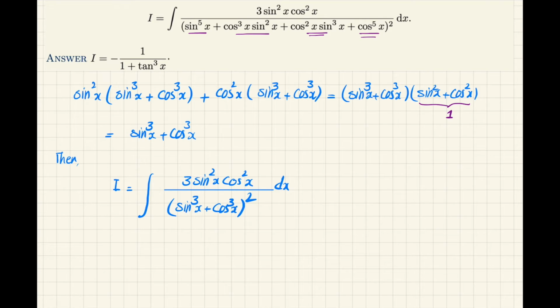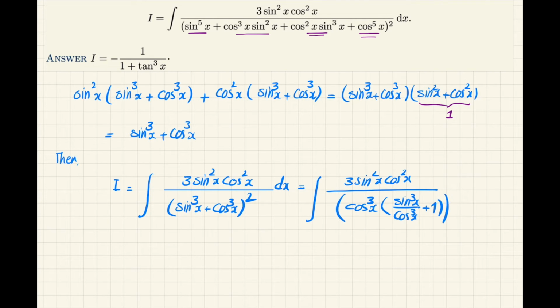So the next thing that I will do, I will keep the numerator as it is, but in the denominator I factor a cosine cubed out, so then it becomes sine cubed divided by cosine cubed and then plus 1. All of it is inside the pair of brackets in a square.